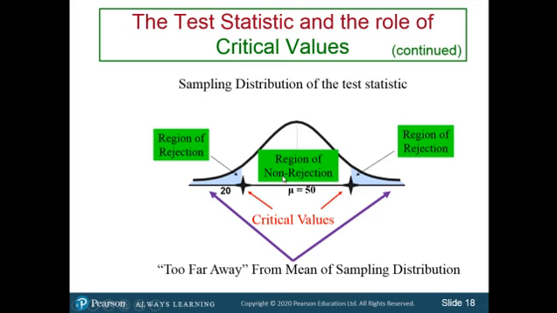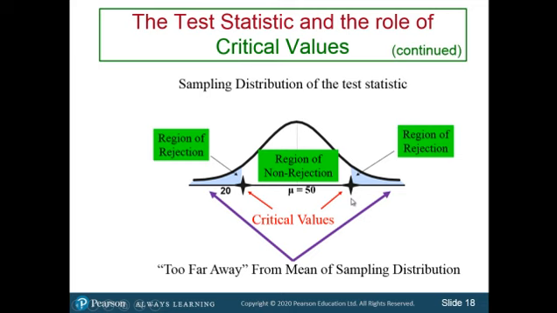Between these two critical values, we have a region of non-rejection of the null. To the left, we have another small area that represents the region of rejection of the null. And also to the right, we have a similar size of area to represent the region of rejection for the null hypothesis.